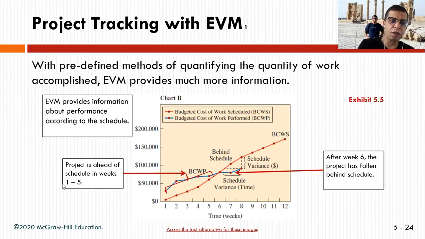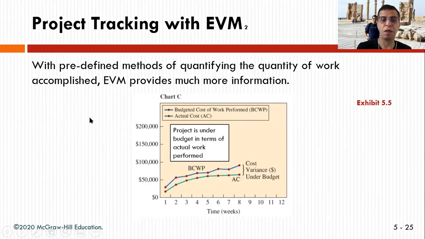So the issue is at weeks 1 to 5 here, it shows the project is ahead of the schedule in a week. Okay, because you look at it and you see the points in it. But after the 6 weeks, the project is falling behind the schedule, and then you need to dig in as to why this project is behind the schedule and what you can do about it.